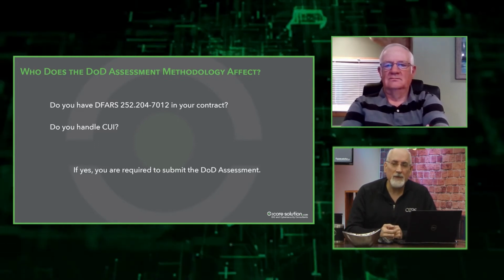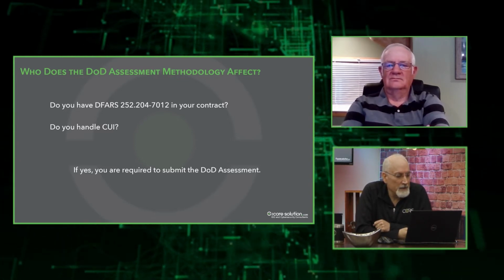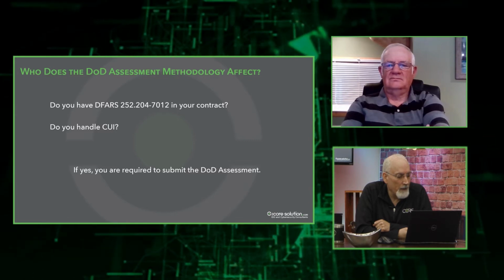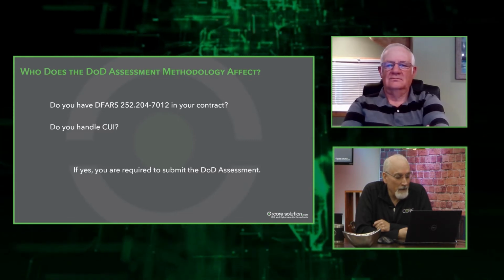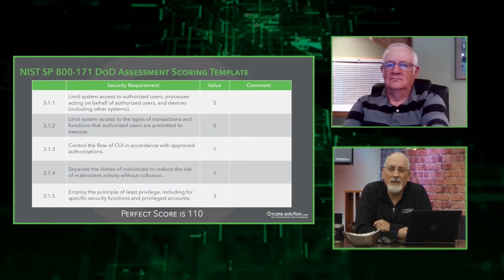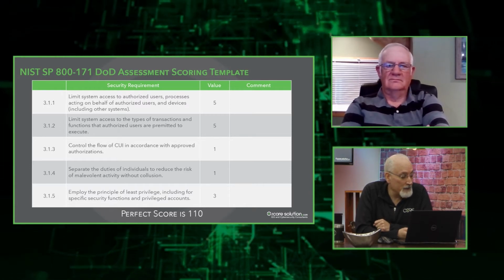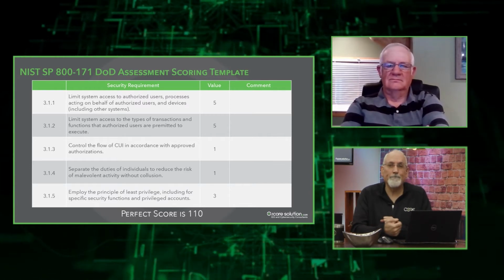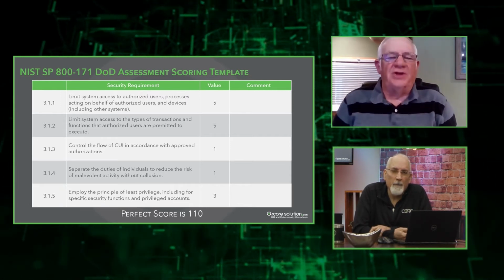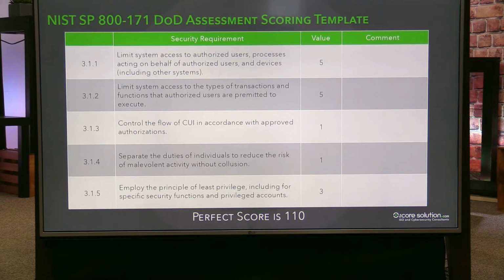Now, we talked about the SPRS score and the defense assessment score. The DAM, there's a methodology that they want us to use that's based on a point system. We put a page from that up on the screen here. Briefly, what is this? How does this work? Well, every particular control that you have is worth 5 points, 3 points, or 1 point.